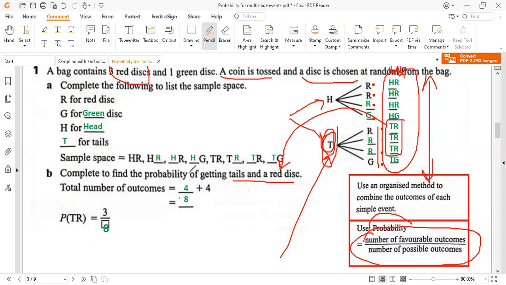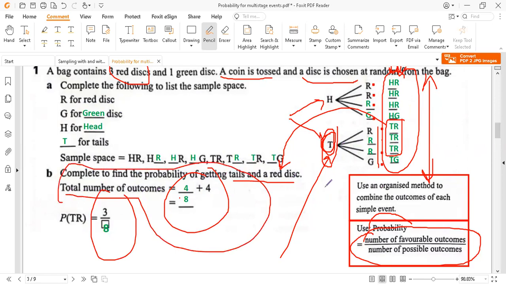The total number of outcomes is 4 plus 4, 8, and we have 3 favorable, so 3/8. This is the answer over the total outcomes that we explained before, when we count all the outcomes in the sample space.